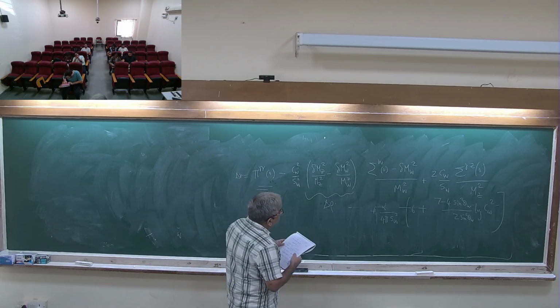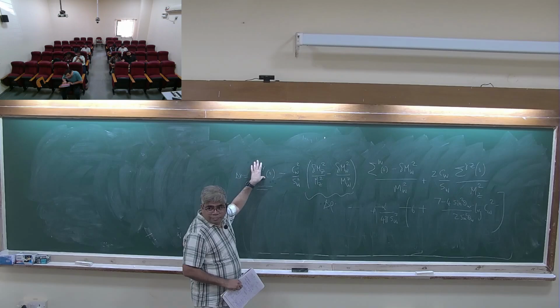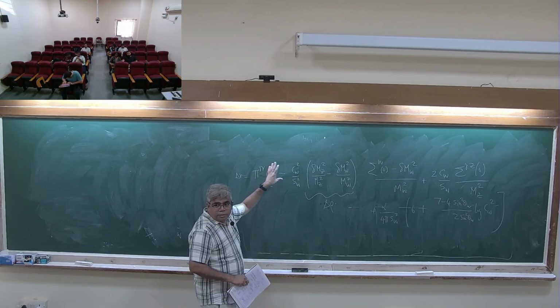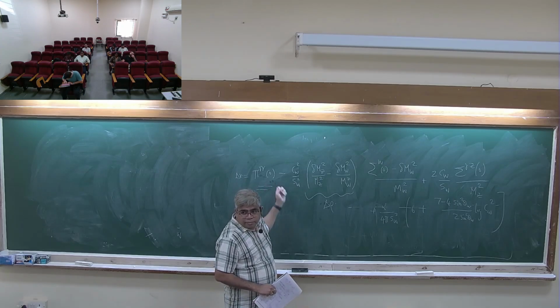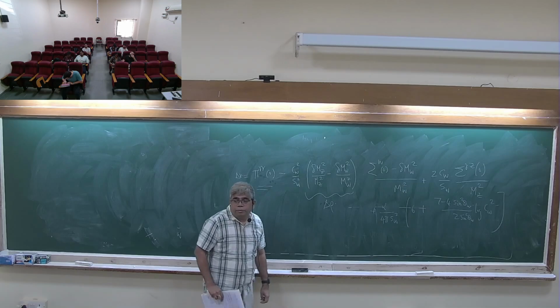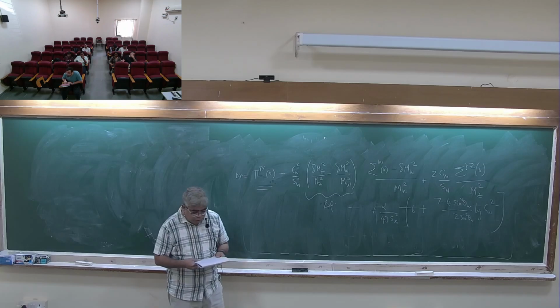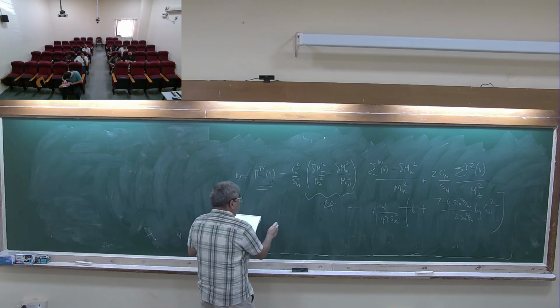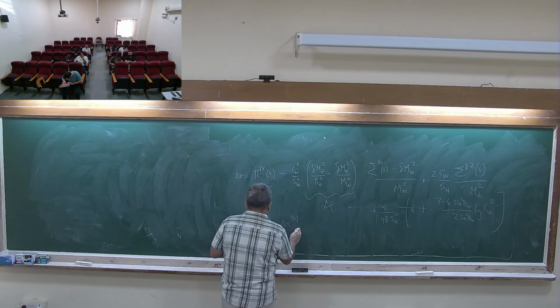So the largest error comes from this particular thing. In all these measurements, the largest error comes from this pi gamma gamma. So in all these electroweak precision tests, what you will see is some parameter called delta alpha hadronic.